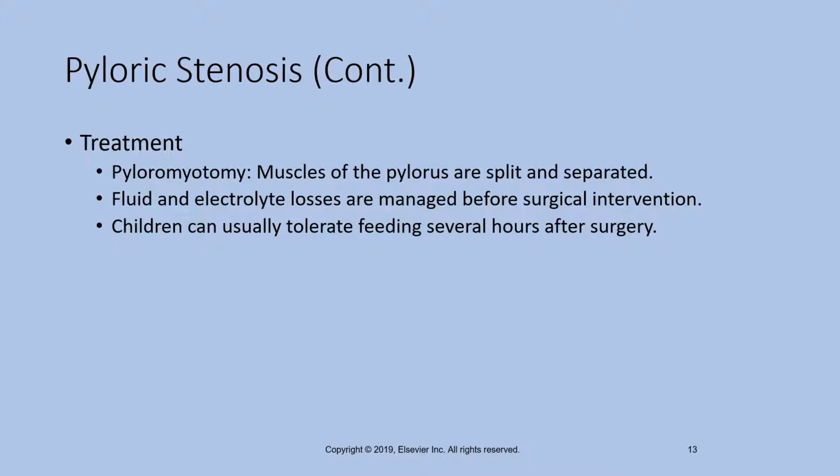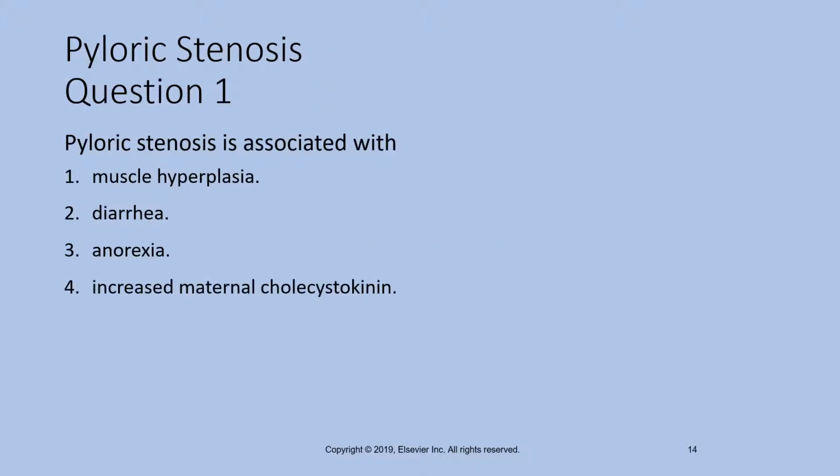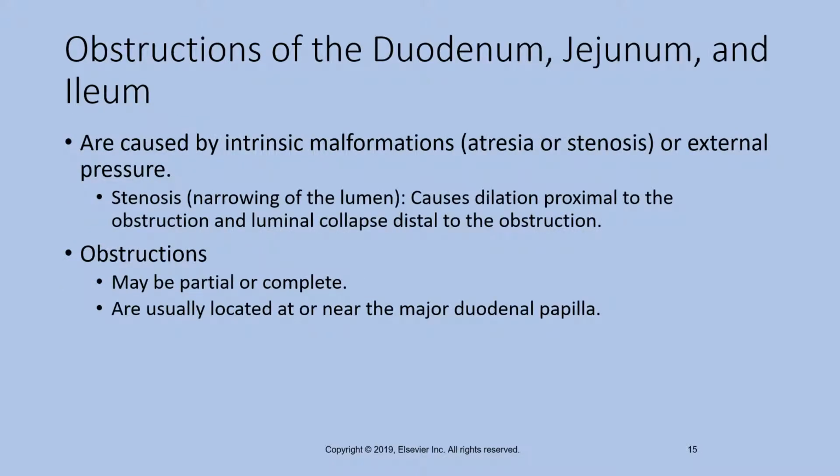Children can usually tolerate feeding several hours after. So pyloric stenosis is associated with all these things that sound interesting: diarrhea, anorexia, increased maternal cholecystokinin, but they're the wrong answer. We just talked about the muscle hyperplasia, which actually leads to obstruction of the pylorus.